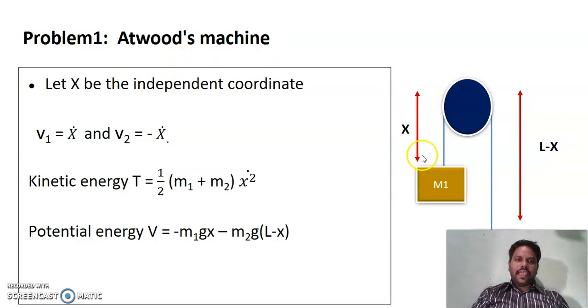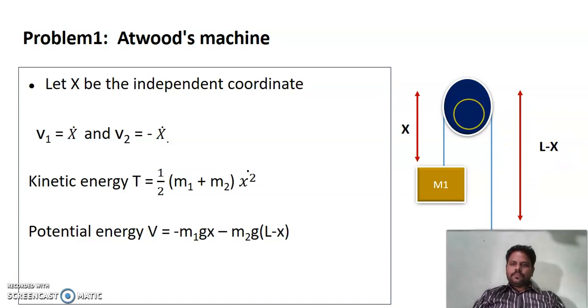Let x be the vertical height of mass m1 with respect to the pulley. So m2's vertical distance will be L minus x. Let x be the independent coordinate.